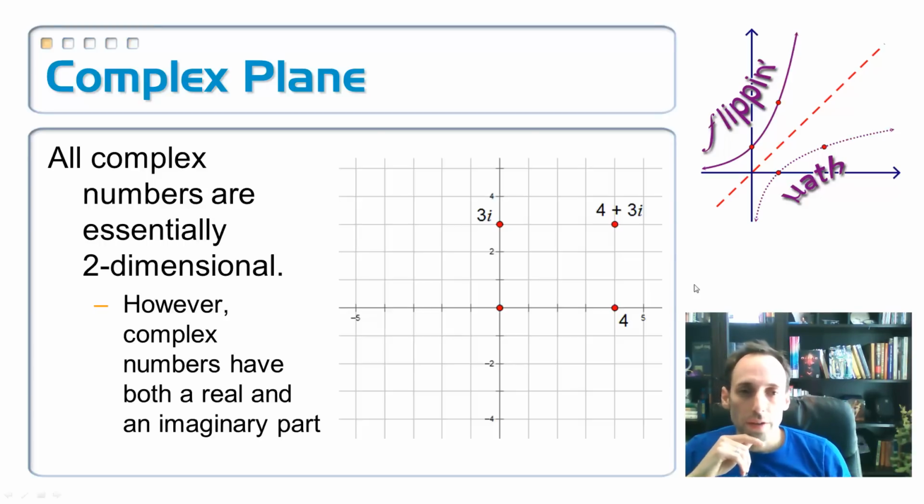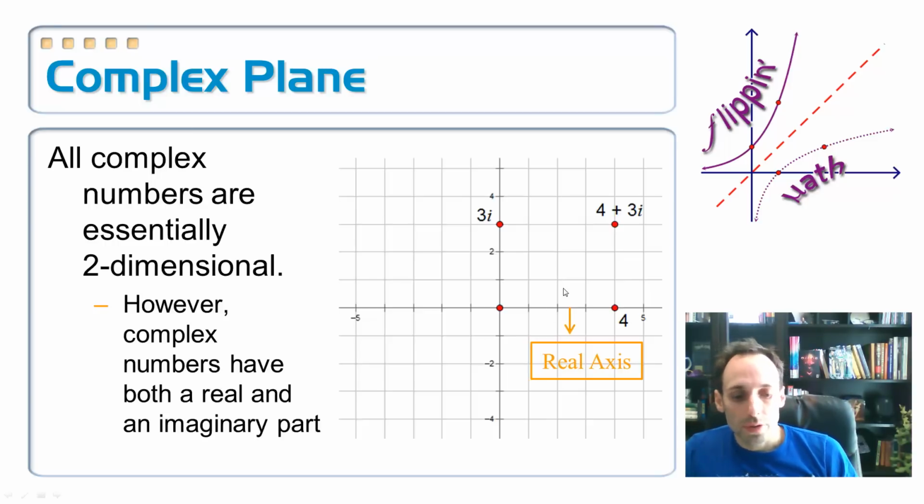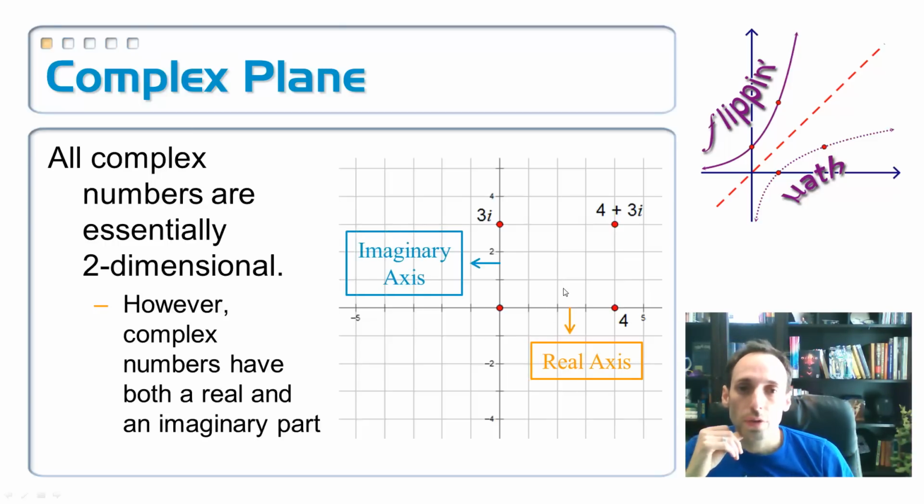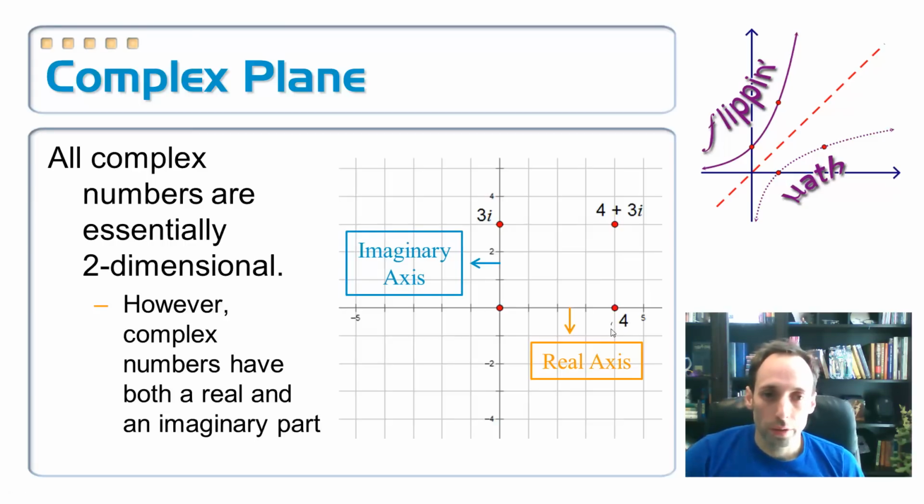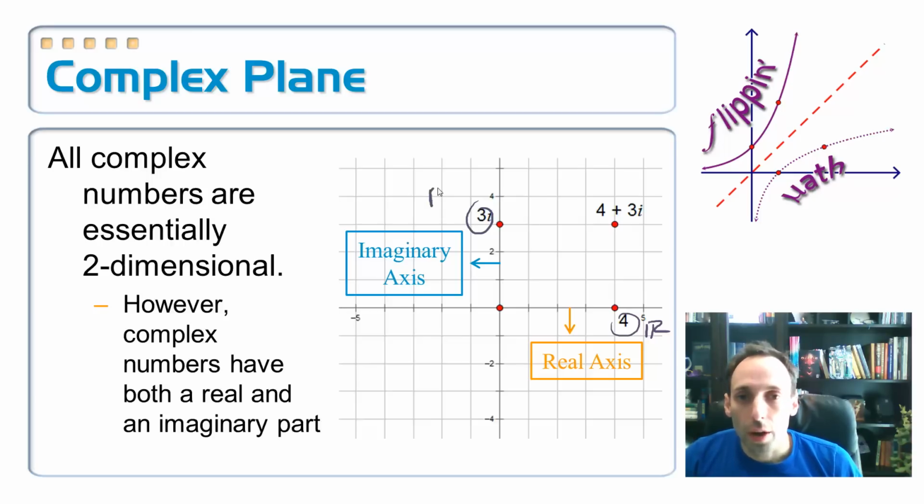So instead of this axis here being an x-axis and this axis being a y-axis, what we say instead is the x-axis is for all the real numbers and the y-axis is for all the imaginary numbers. So the number 4 here is just a regular old good old-fashioned real number. 3i is a pure imaginary number.